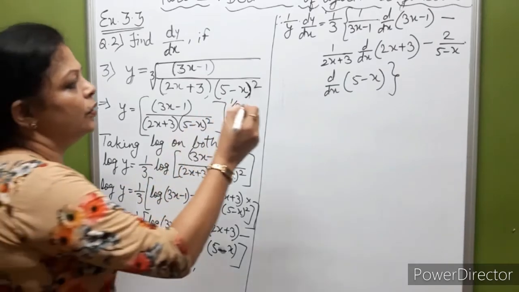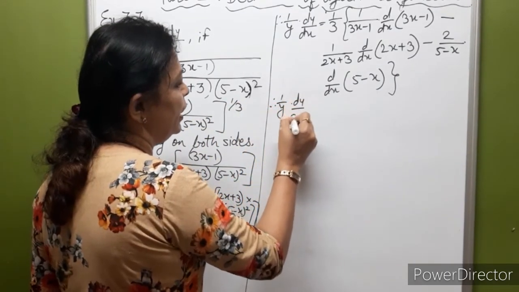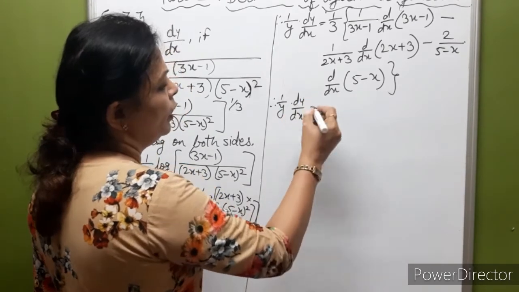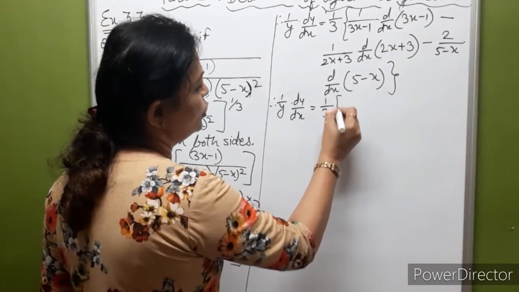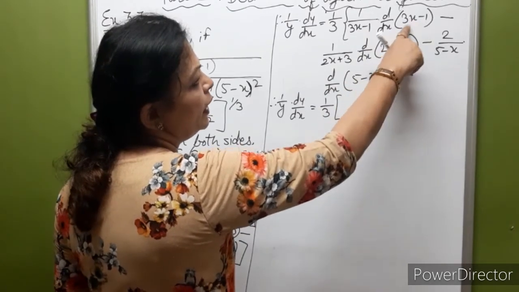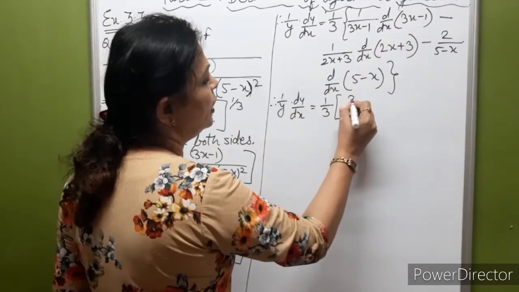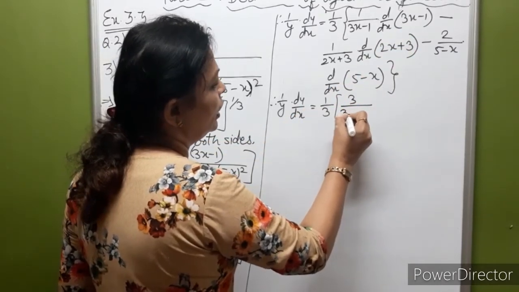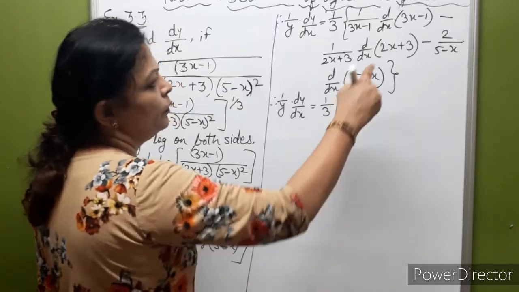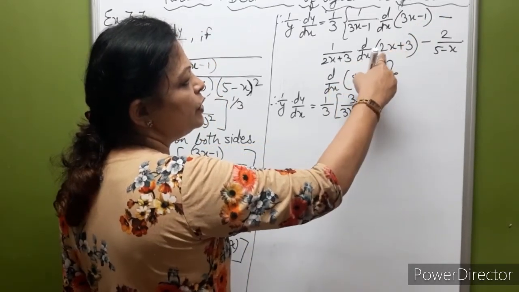Correct? So you get 1 upon y into dy by dx is equal to 1 upon 3 into, what is this? Derivative of 3x minus 1 will be only 3. Correct? So you get 3 upon 3x minus 1 minus of this. Again derivative of 2x plus 3 will be 2.